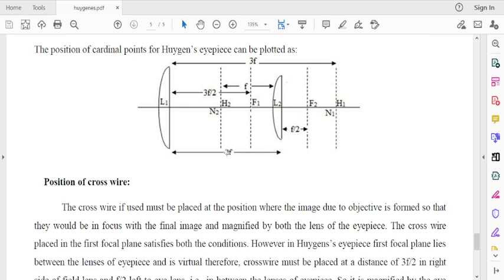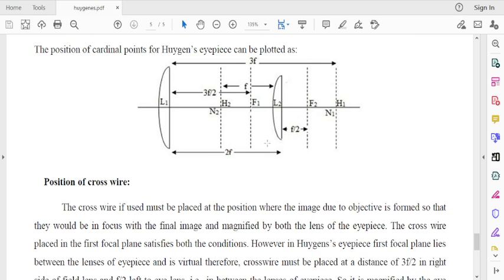Again, the field of view of this eyepiece is smaller than that of a Ramsden's eyepiece. This is one of the points to keep in mind for our preparation from the point of view of examination.